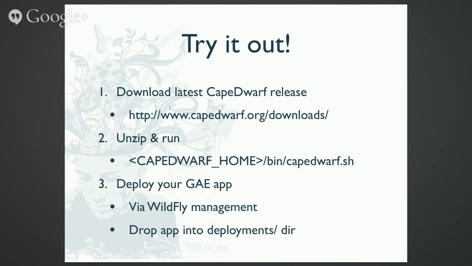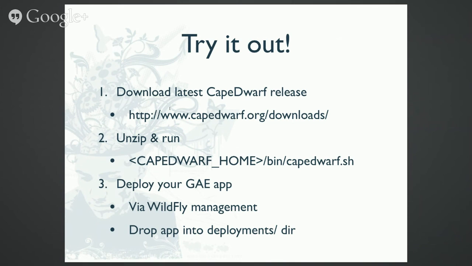HornetQ to handle the task queues and so on. This script just hides that, plus some small bytecode tweak that we need to do in order for some of the stuff to work. And then what you do is, like any normal app, just deploy it via WildFly management or drop it into the WildFly deployments directory, and WildFly will pick it up and deploy it, right?